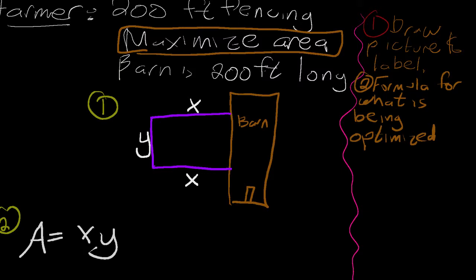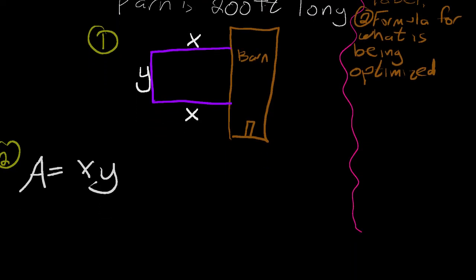Once we have that, notice how what we want to do is maximize the area, but the issue is that I've got two variables here. So how do I turn that into an equation for one variable?